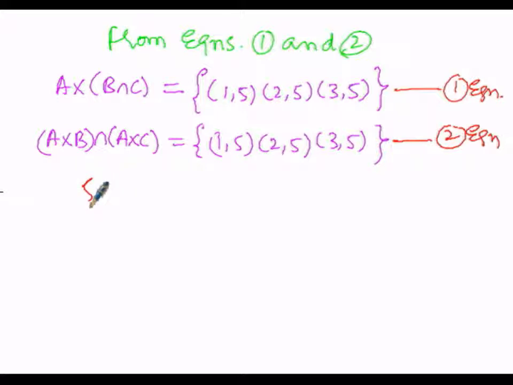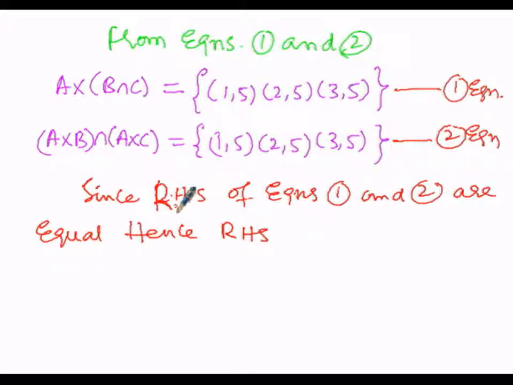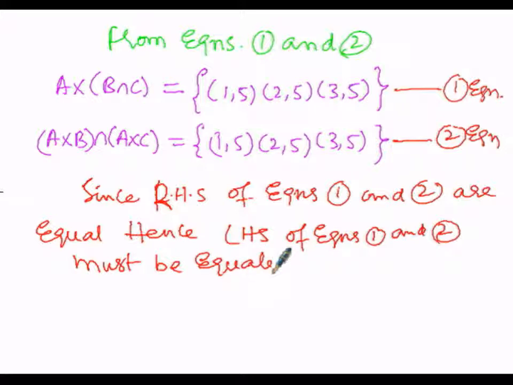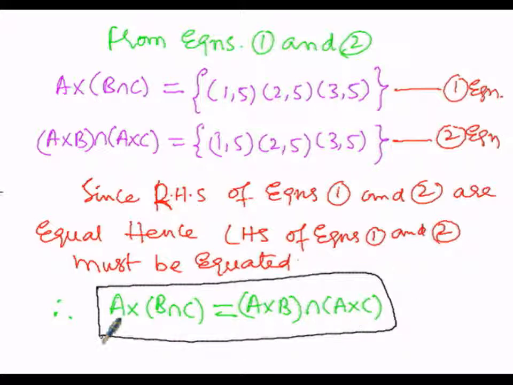Therefore we get A cross B intersection C, the LHS of the first equation, equals the LHS of the second equation, A cross B intersection A cross C. In this manner we have proved the condition, that is A cross B intersection C equals A cross B intersection A cross C.